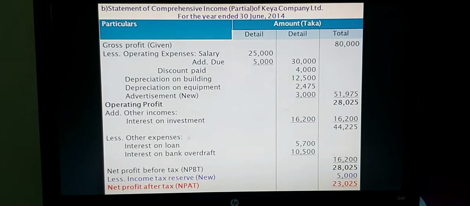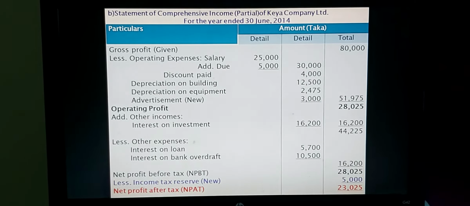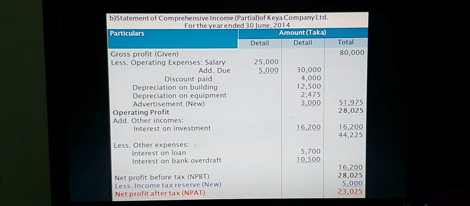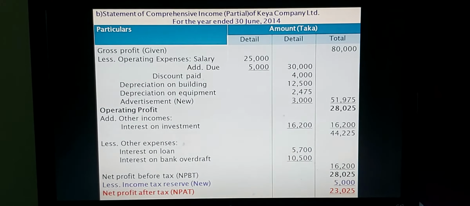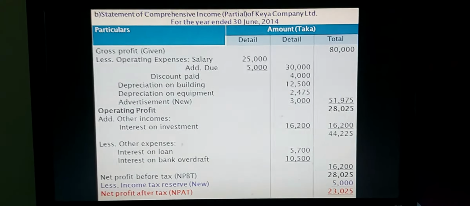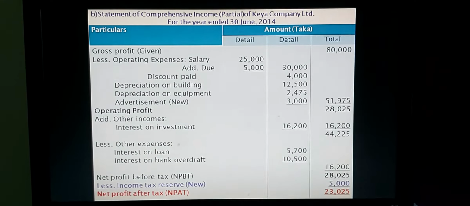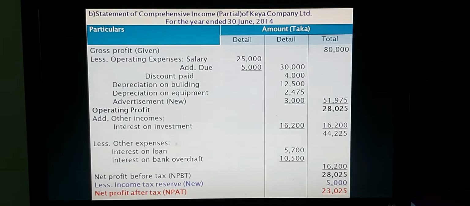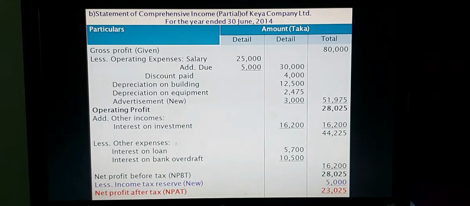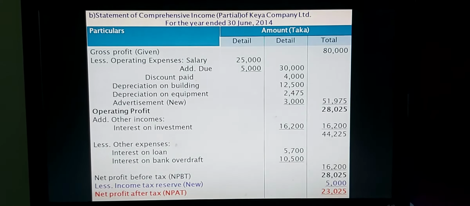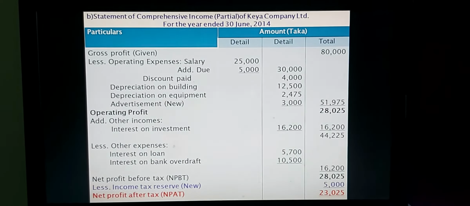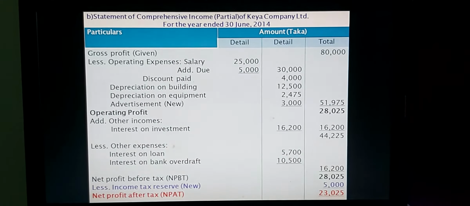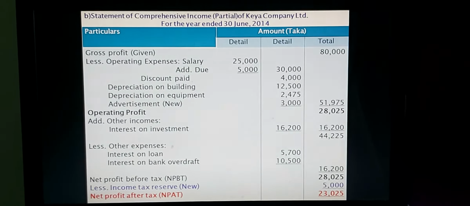Okay, same format we follow in financial statements. I can start. Gross profit given, that is the amount of Taka 80,000, you have to write in the outer column. Then you can write less operating expenses, that is indirect operating expenses.